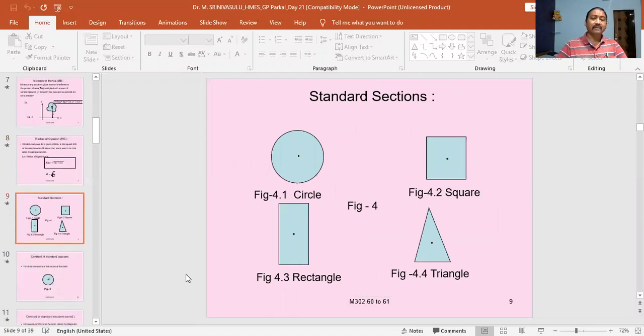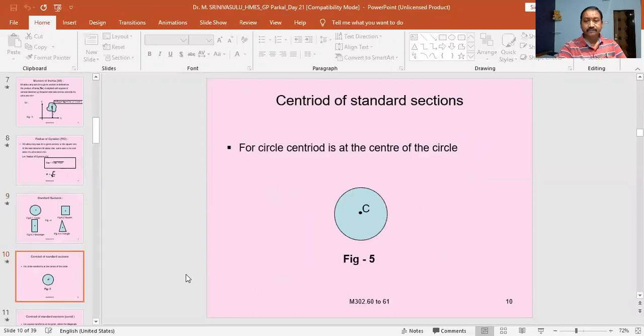For some of the standard sections shown here, like circle, square, rectangle, triangle, we have noted the location of the centroid.